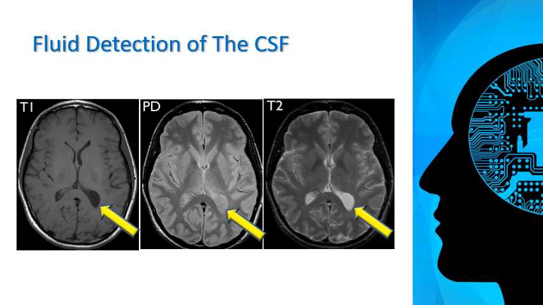On T1, the CSF looks dark, while on T2 it looks bright, while on proton density it is intermediate in signal. So this is an example of how the fluid signal and the degree of its brightness change according to the pulse sequence used.